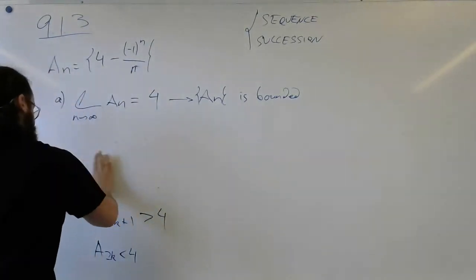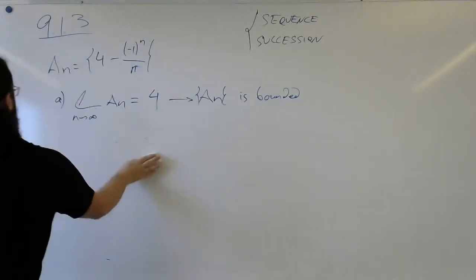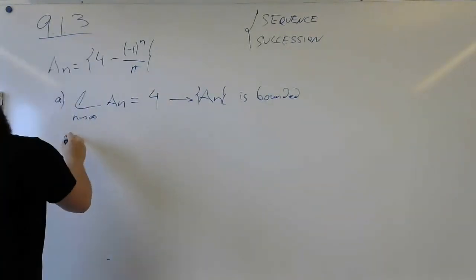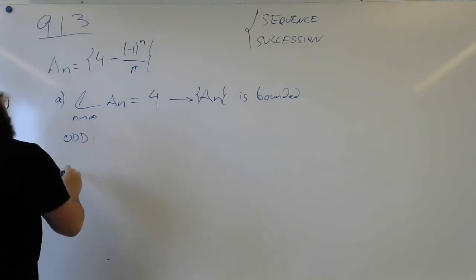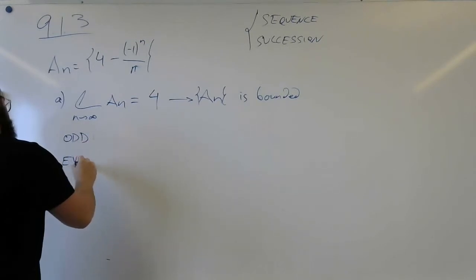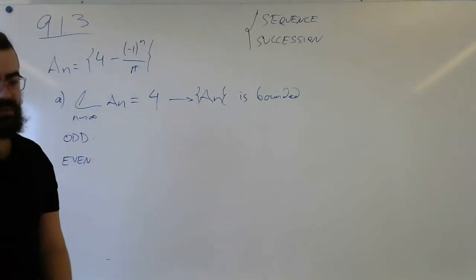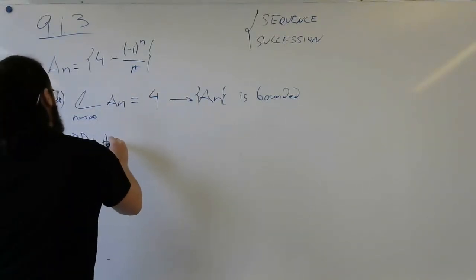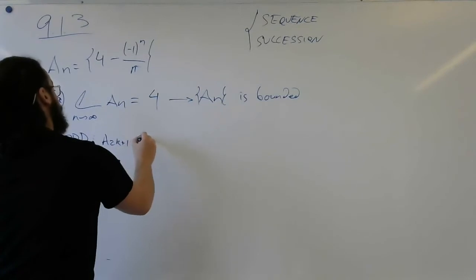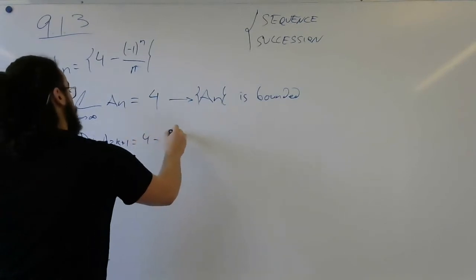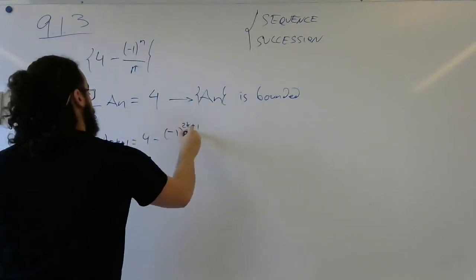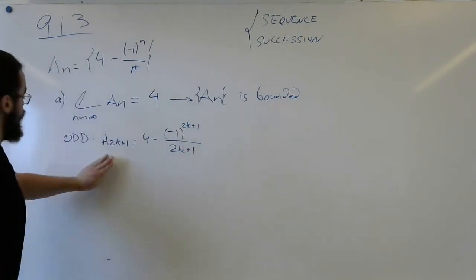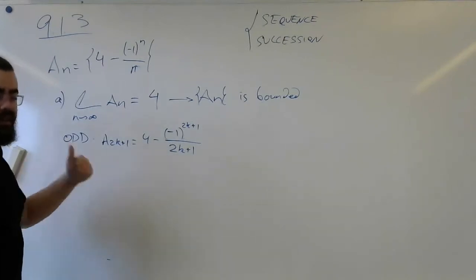So let's see. We examine the odd terms and the even terms. This is what is called a subsequence or subsuccession. We know that all odd terms are greater than 4.